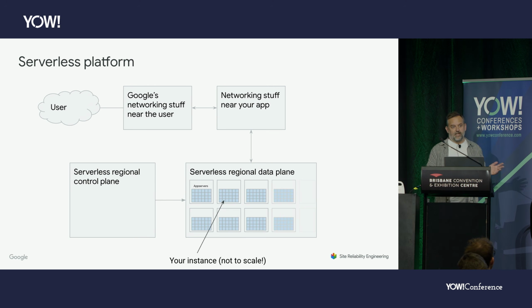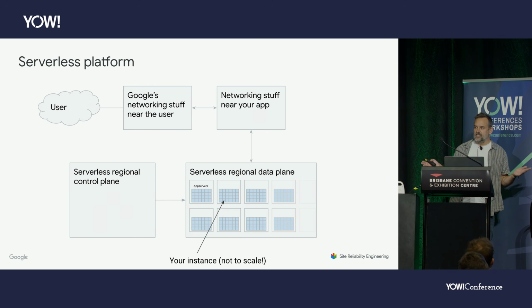If there's no instance currently running to serve that traffic, there's going to be some negotiation while a container starts up, and then traffic gets sent to that instance. If there's a whole bunch of instances, it'll pick one. If that particular app server is overloaded, it might push back so that the traffic gets sent to a different one. So there's actually quite a lot of work done in negotiating where to send traffic and how it gets served.